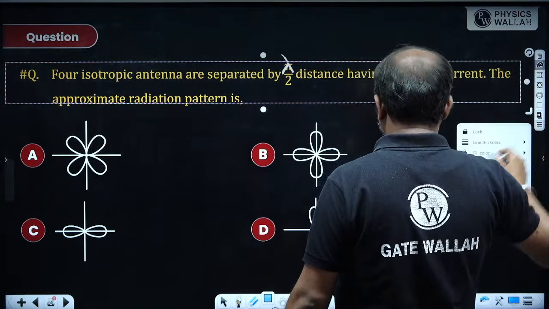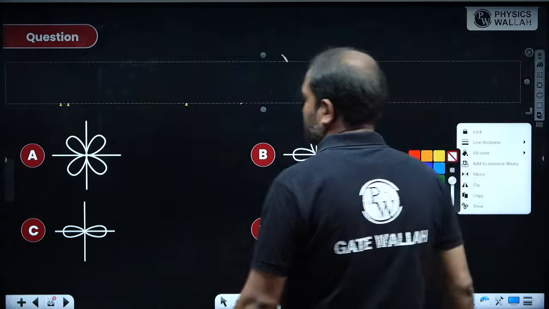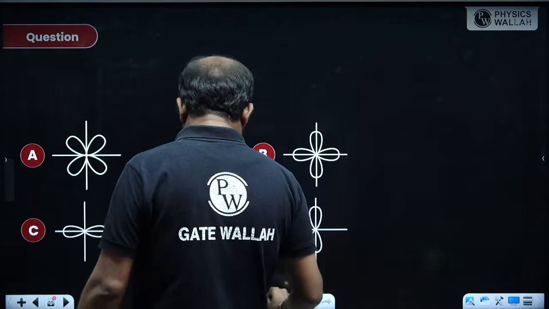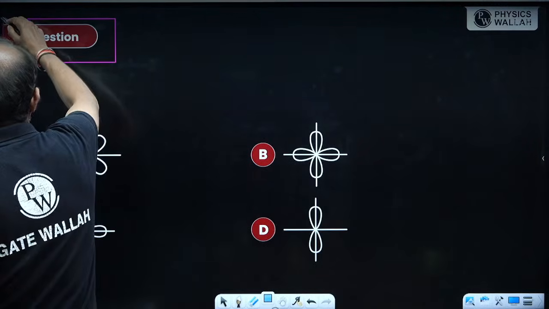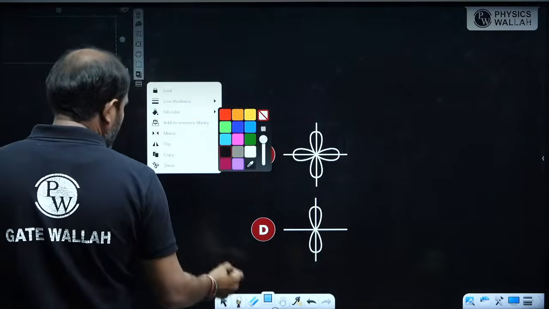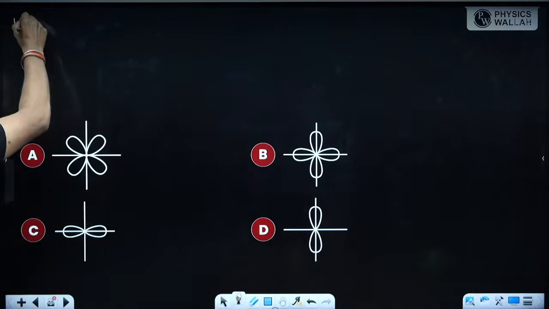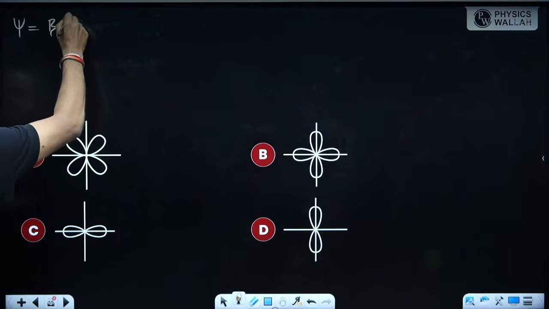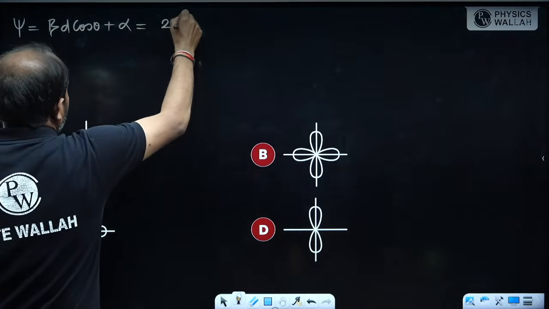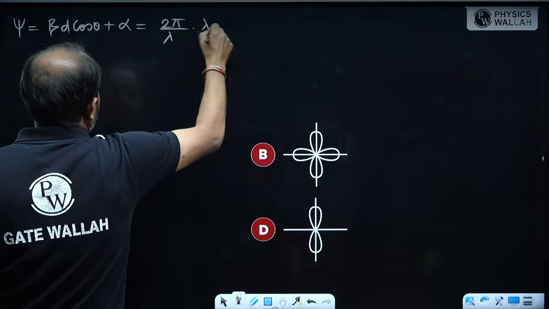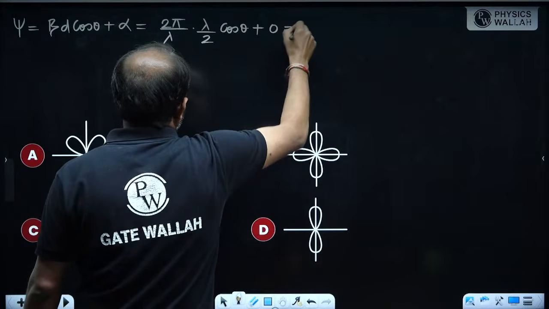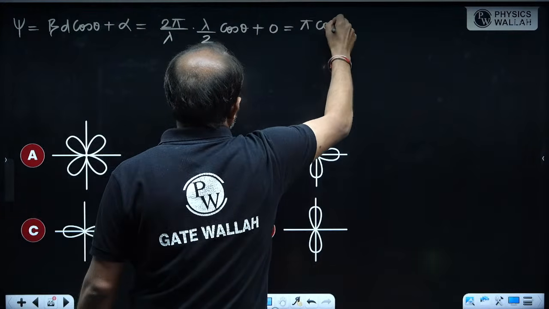What we have to do? First we have to find psi. Psi is equal to beta d cos theta plus alpha. Beta is 2 pi by lambda, d is lambda by 2, and alpha is 0. So it will be pi cos theta.